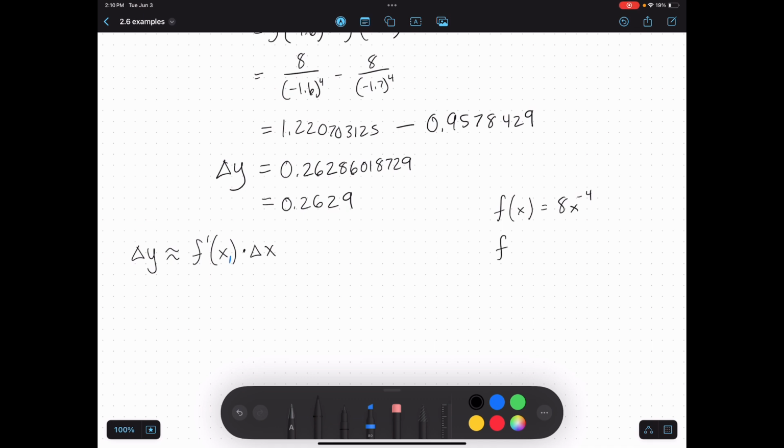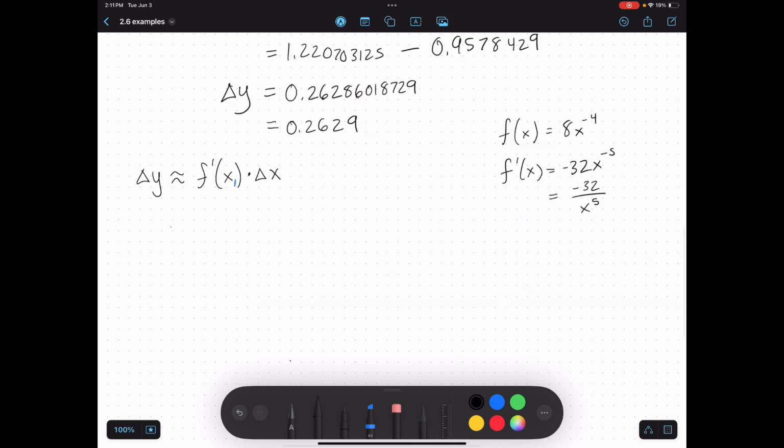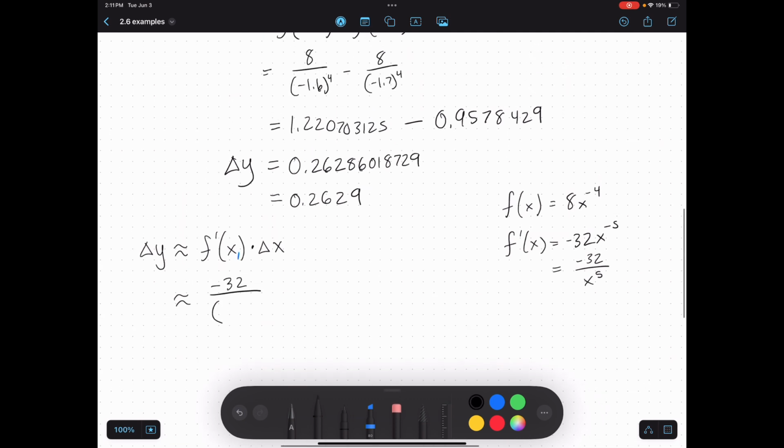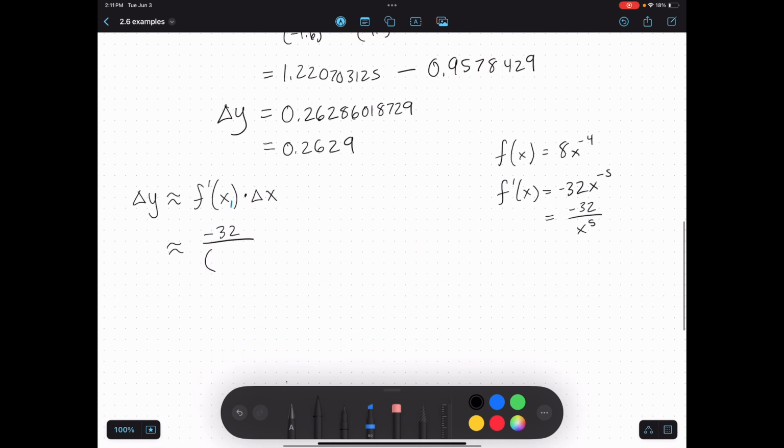When I take the derivative of this, I get negative 32 x to the negative fifth, or negative 32 over x to the fifth. So now that I have my derivative, I get negative 32 over what's my x1? My x1 is my starting x value. So negative 1.7 raised to the 5th power times my delta x, which in our case is 0.1.